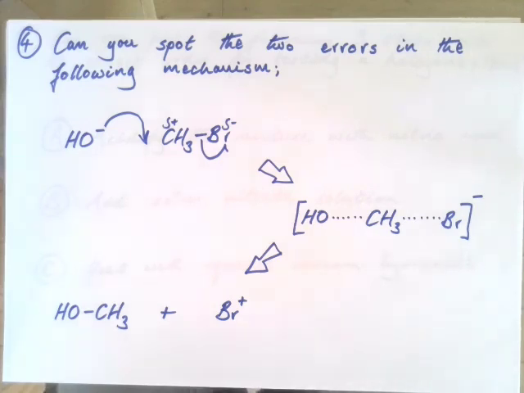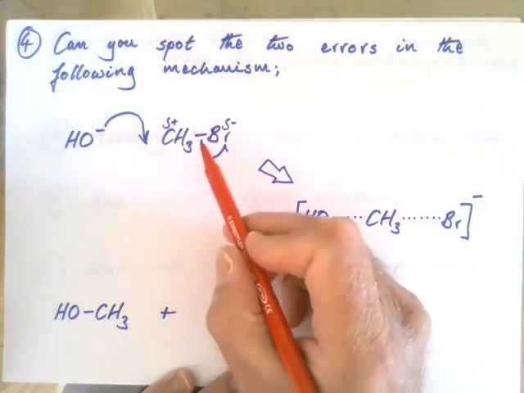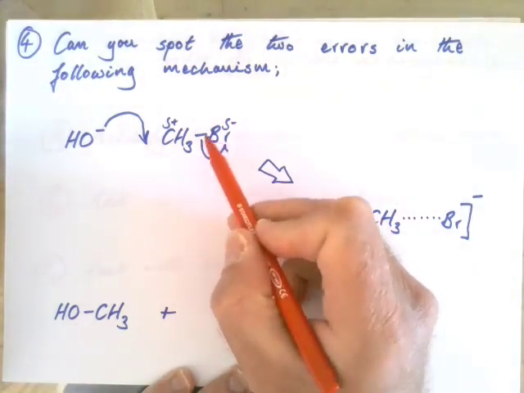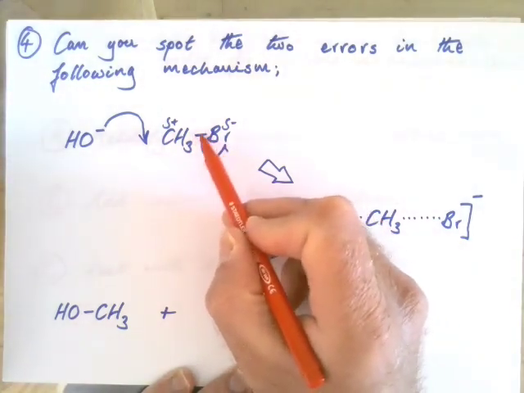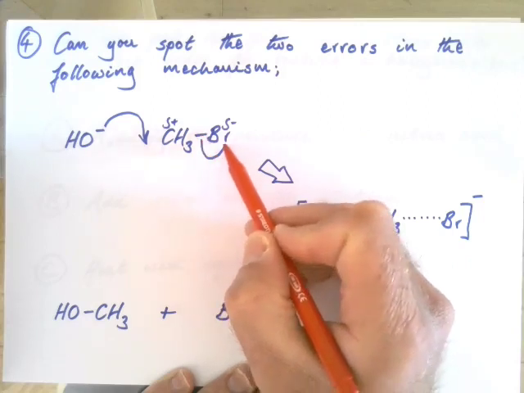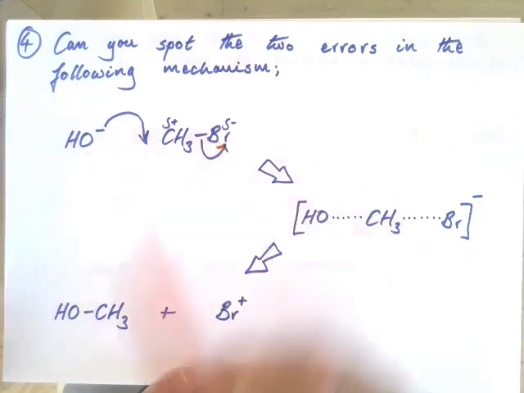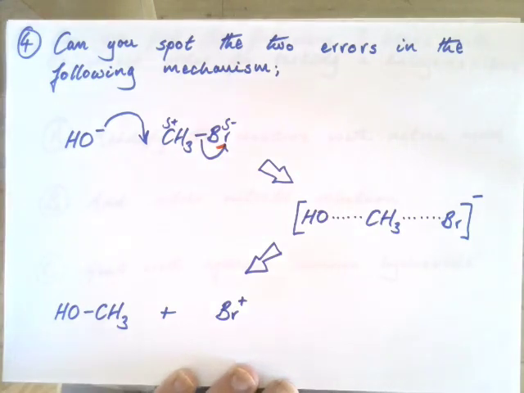Okay, so you've paused, you've thought, and you've spotted two errors. First one, did you spot the fact that I only included a single-headed arrow here? There are two electrons moving from this carbon-bromine bond onto the bromine. We need to show both of them with a double-headed arrow there. So that was error number one.